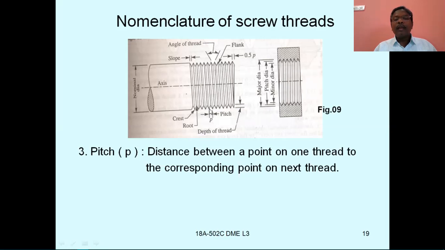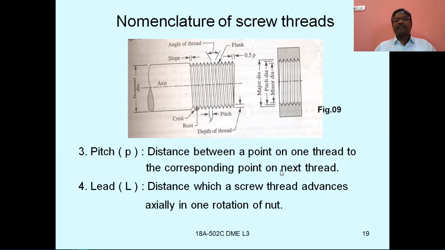It may be crest to crest distance, or root to root distance, or any point on the thread, to the corresponding point on the next immediate thread. This is represented by small letter p.